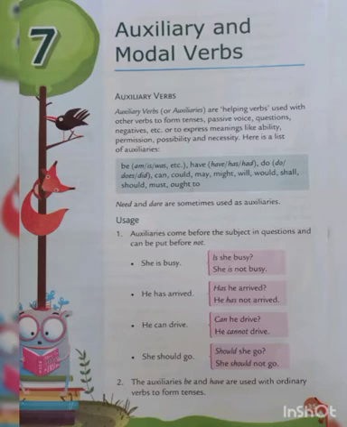As the examples given in your book: she is busy. This is an affirmative sentence. If we convert it into interrogative, the auxiliary verb is comes before the subject: is she busy? If we convert it into negative: she is not busy. So the auxiliary verb always comes before not.